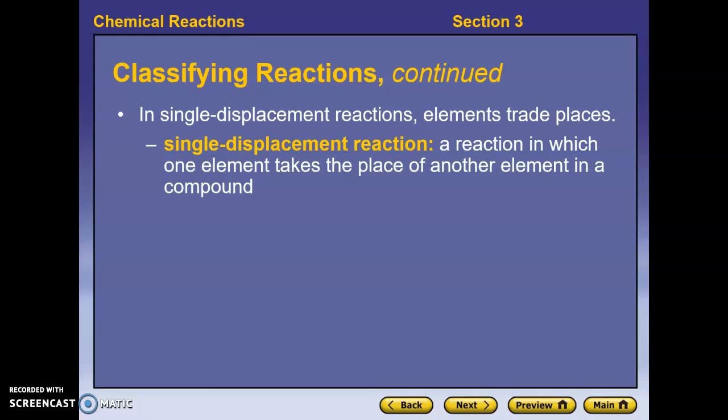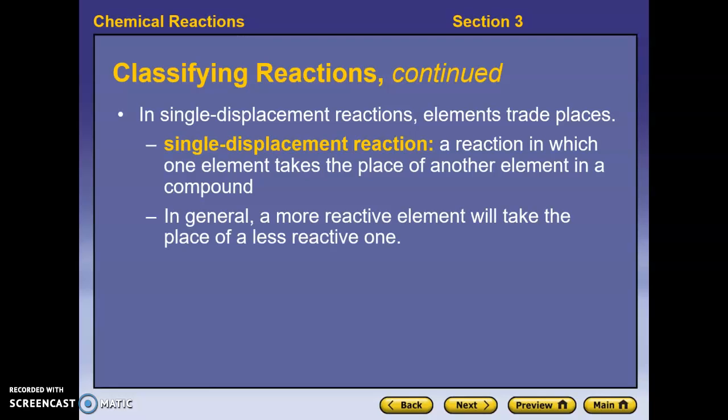So to recognize a single displacement reaction, we're looking for a reaction in which one element takes the place of another in a compound. In order for this to happen, the individual element that is trying to join the compound or replace the like element in the compound must be more reactive.